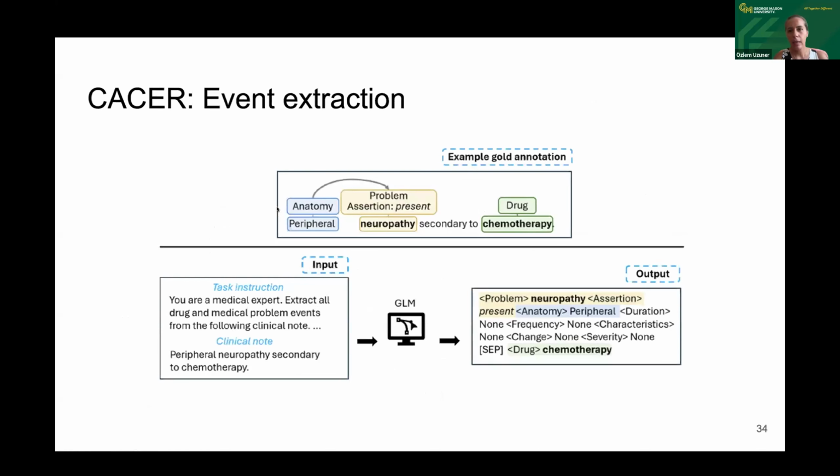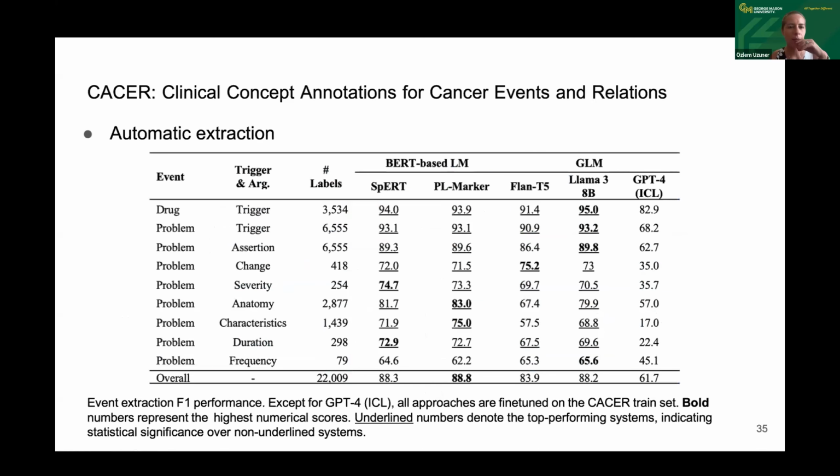We evaluated 5 systems. 2 are BERT-based systems and 3 are generative language models. With the exception of GPT-4, everything here is fine-tuned to the training set of the data set. So they have seen the data, and even then, you can see that with sample sizes lower, performance is lower.